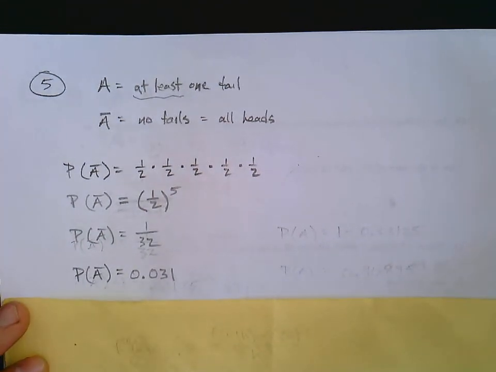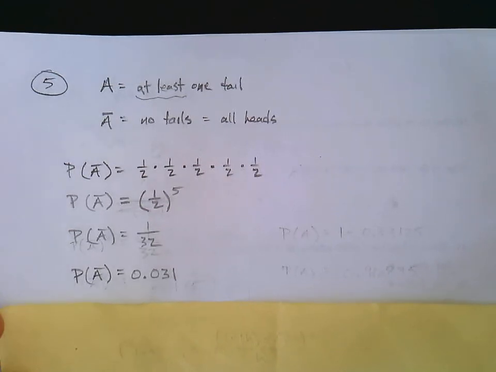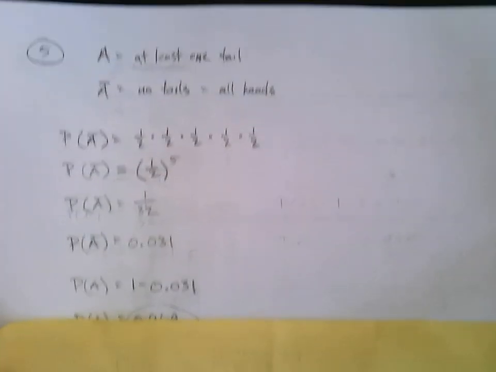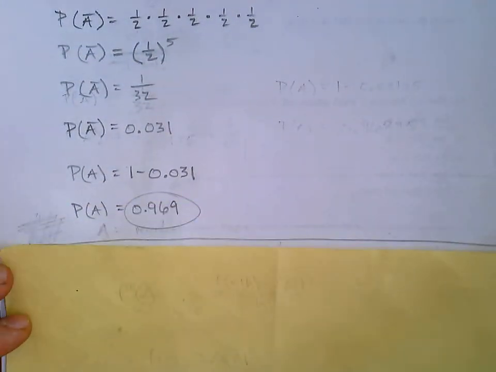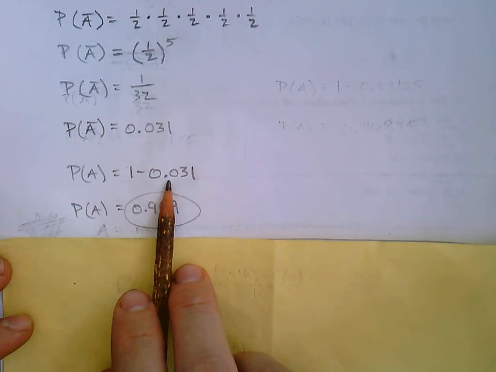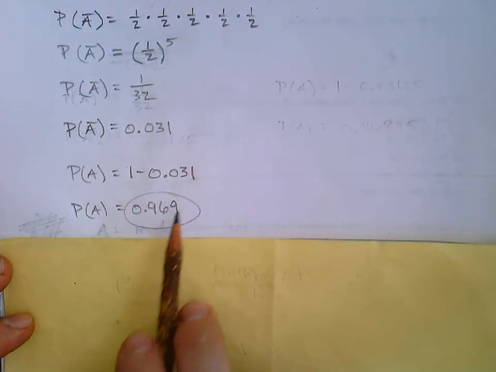And you might expect that all of them come out as a head. Okay, but of course we're not done. We need to do the 1 minus. So the probability of at least one tail, 1 minus 0.031 turns out to be 0.969 when we go to 3 decimal places.